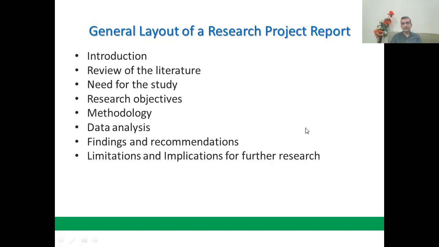So after the findings and recommendations, we have the limitations and implications for further research. Limitations are usually present in most of the research studies, and we need to acknowledge some limitations in the research project, which is an important thing. After the limitations, the research scholar or the student who is pursuing the project needs to talk about some implications for further research.